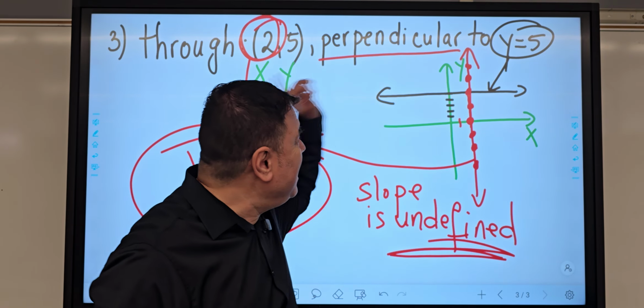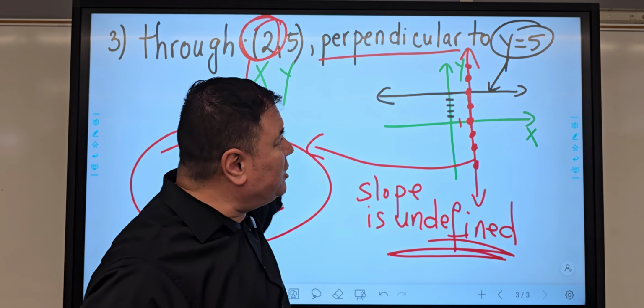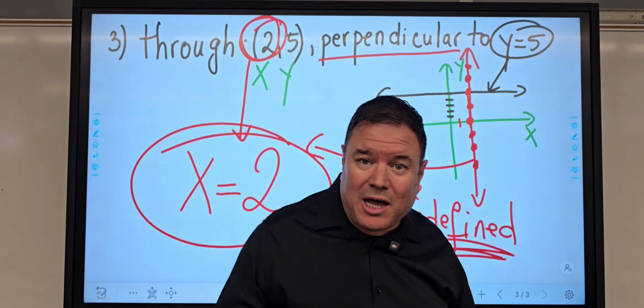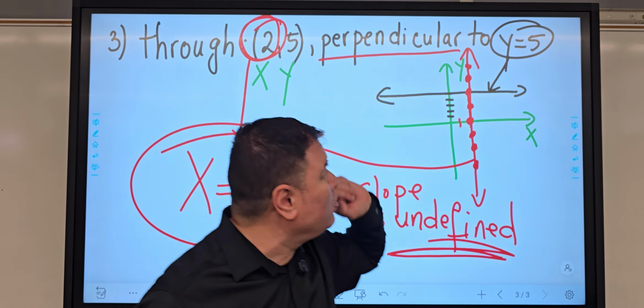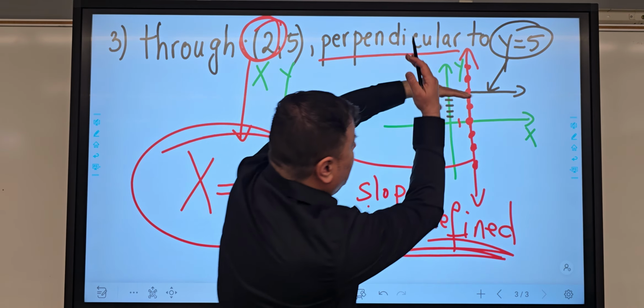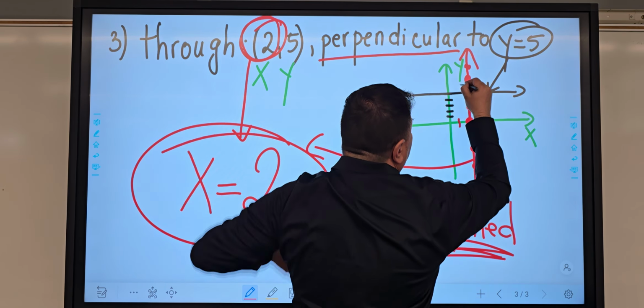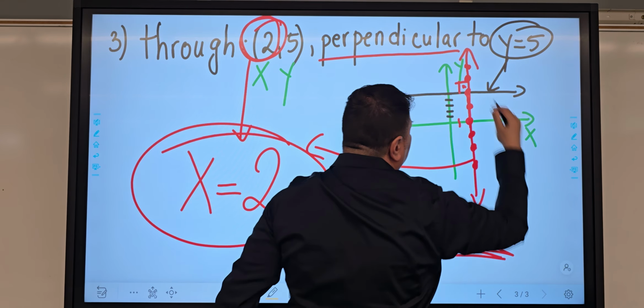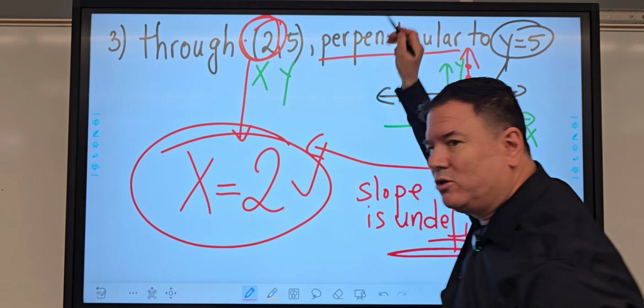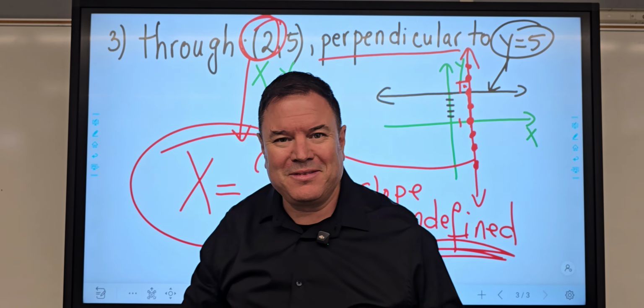But remember again, anytime our equation is perpendicular to another equation, either y equals a number or x equals a number, we are going to graph that first, right? y equals 5, and our line is perpendicular, it forms a 90-degree angle. Therefore, our line goes through 2, and so x equals 2. Final answer.